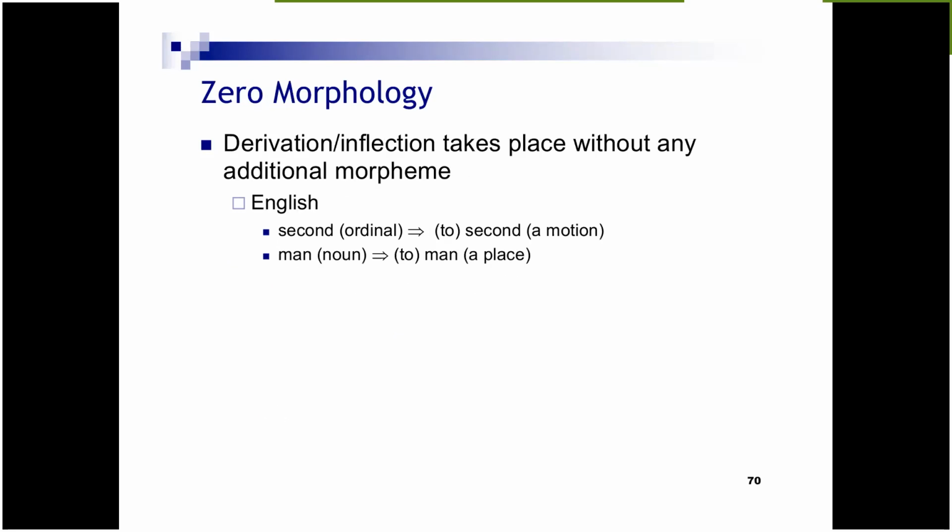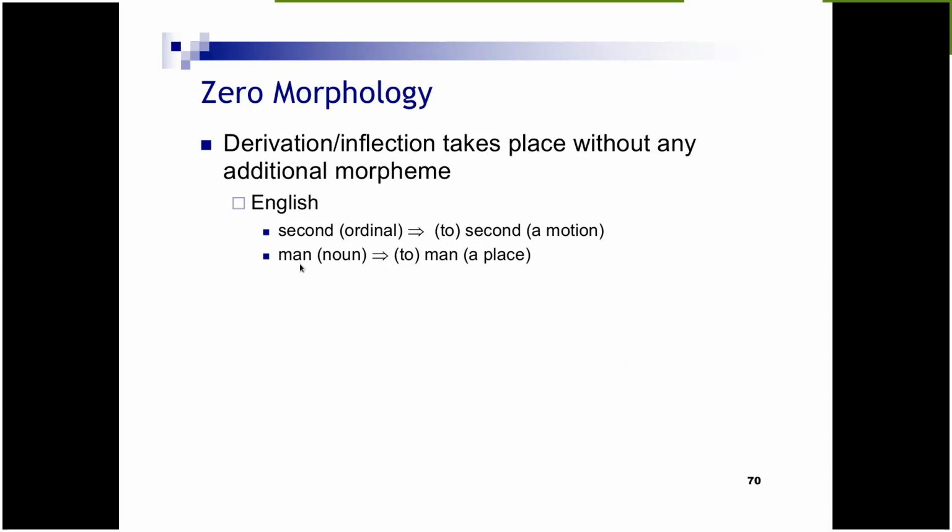And then you have derivational or inflectional zero morphology. This is where no morphemes are added or removed. You just have the word mean something else. So this is an example from English. You might have a second, meaning the second thing, and then you change it to second, which means to be the next something.